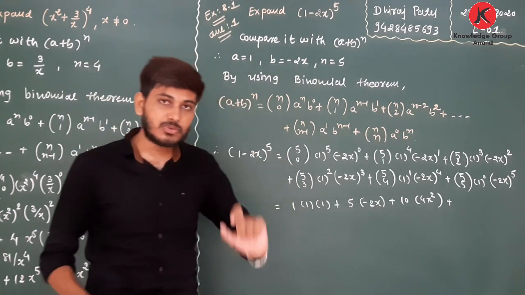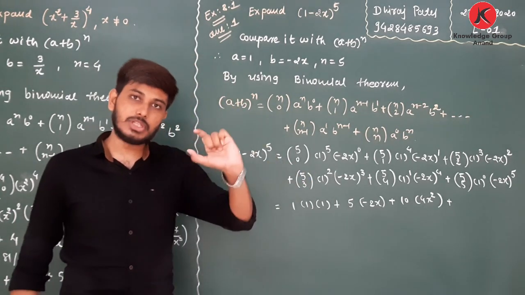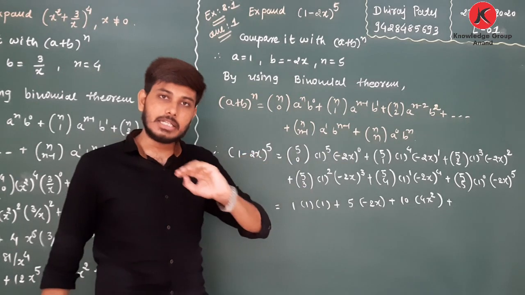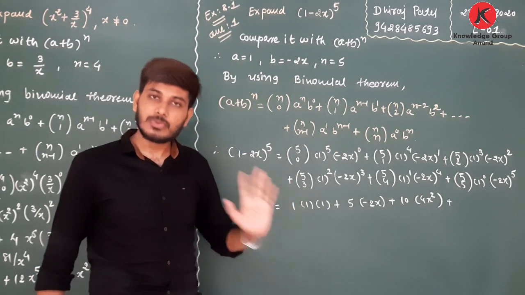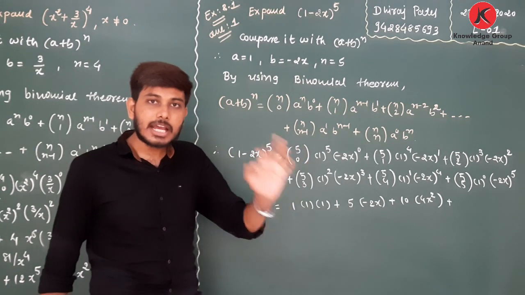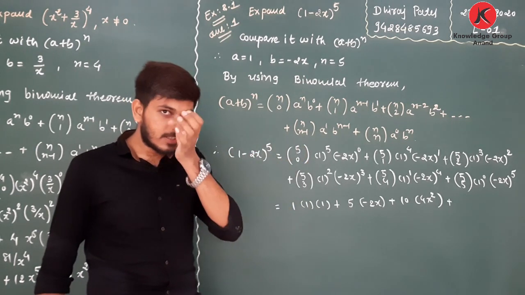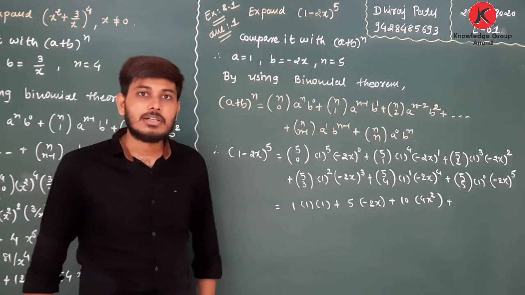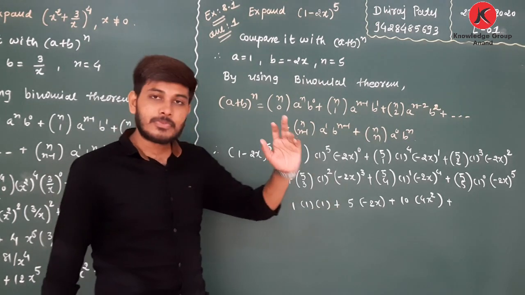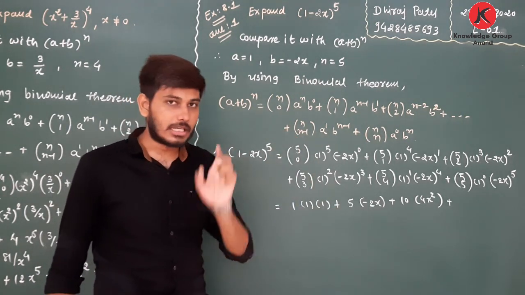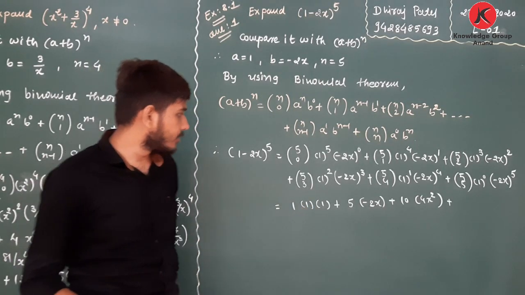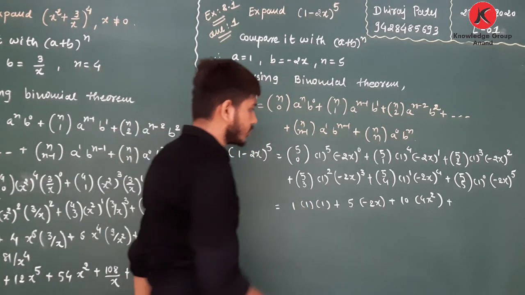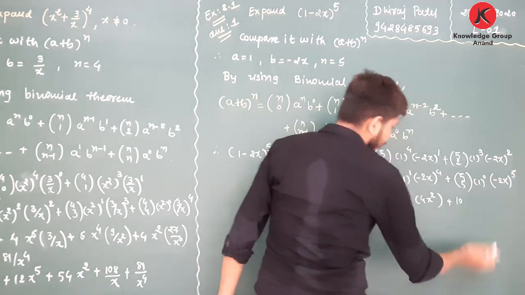Next, 5C3 will be calculated. 5 into 4 into 3 divided by 3 factorial, means 3 into 2 into 1. 3 will get cancelled out. 2 4s are 8, and 2 cancels out, so 5C3 will be equal to 10; also 5 2s are 10.